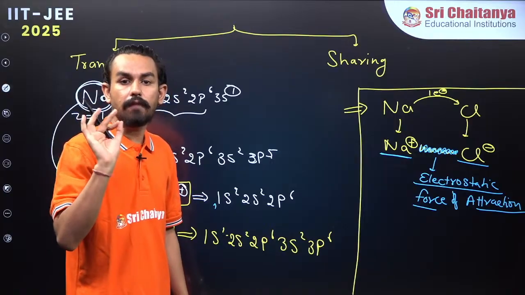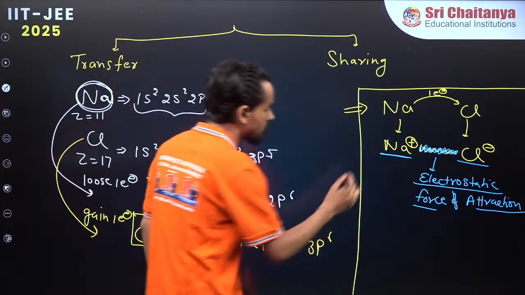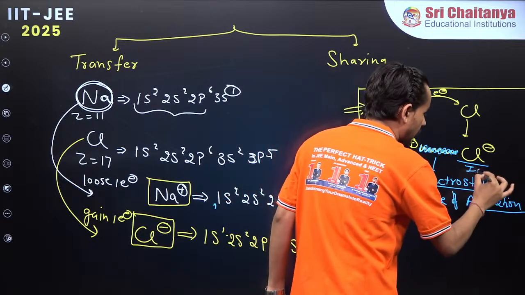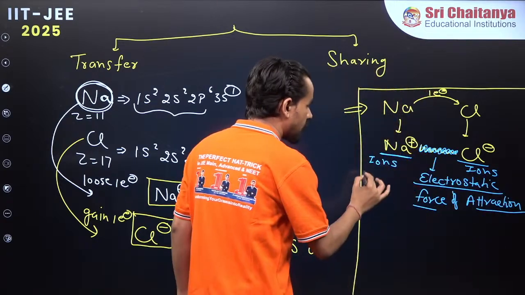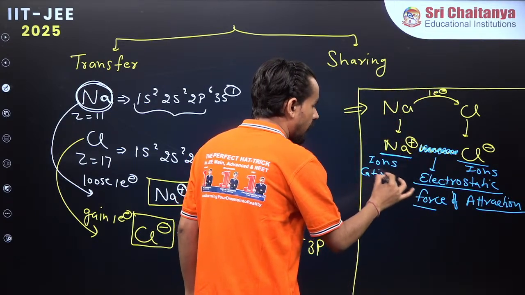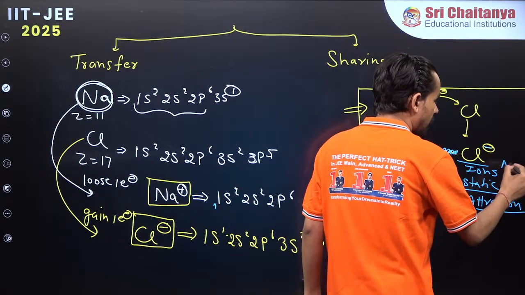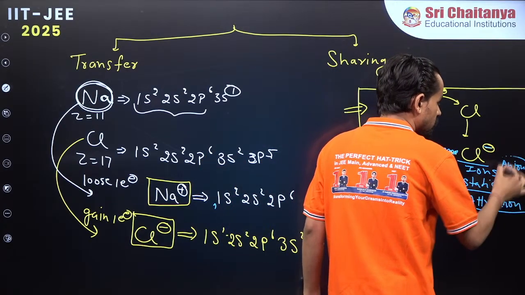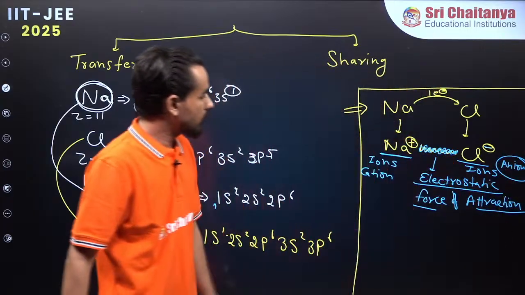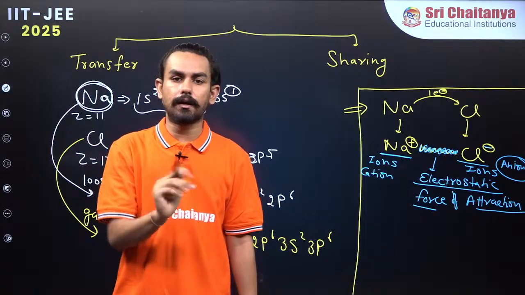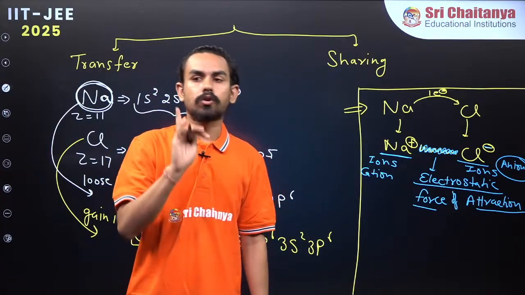Whenever an atom has a charge, it is known as an ion. A positively charged ion is known as a cation, and a negatively charged ion is known as an anion. It is no longer called an atom, it is called an ion.